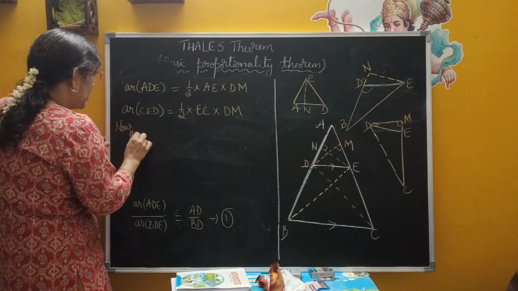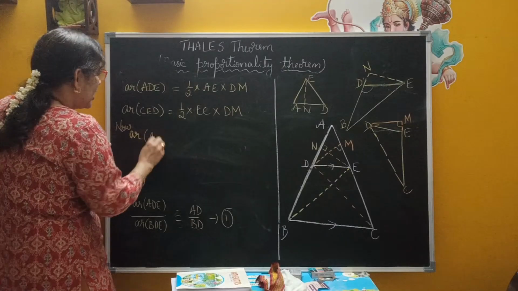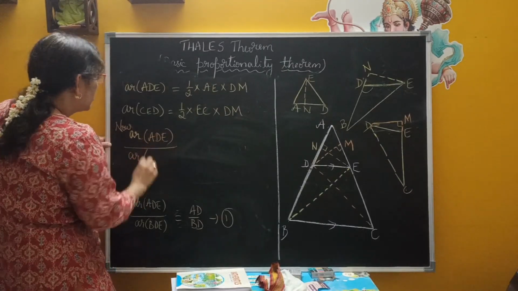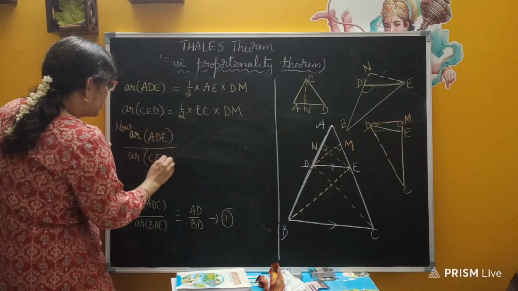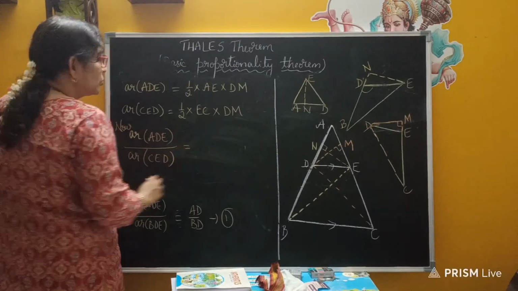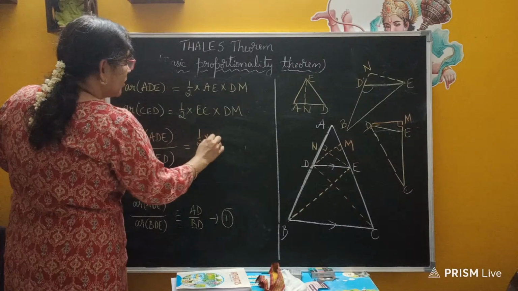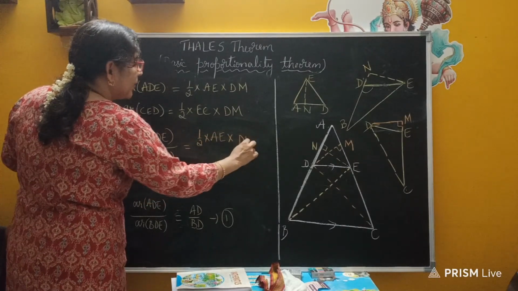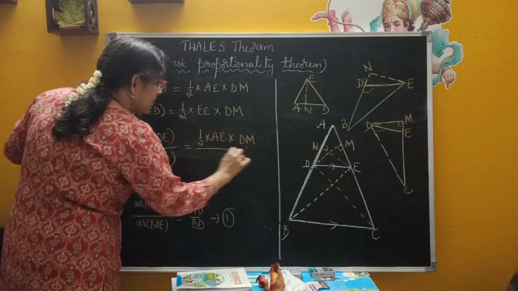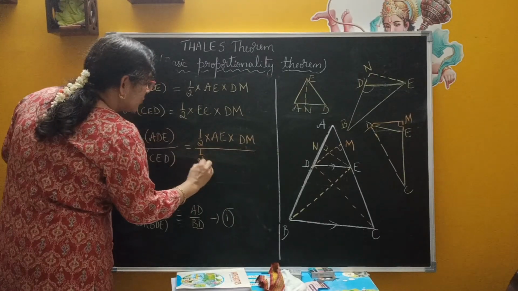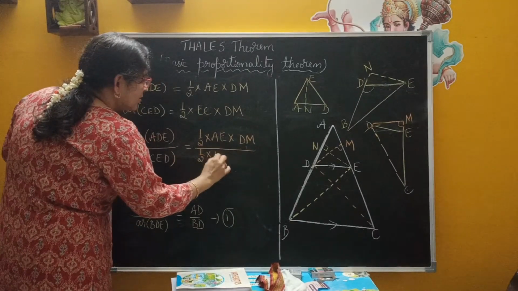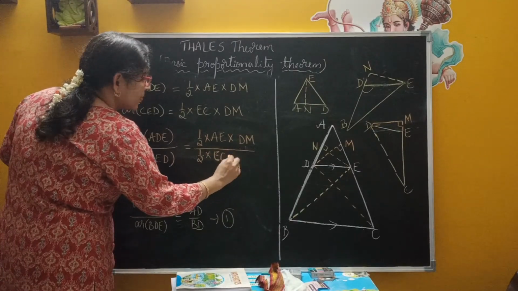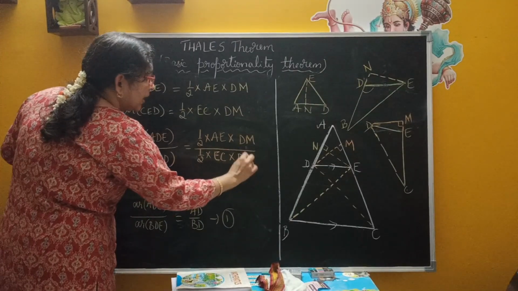That is area of ADE by area of CED is equal to half of AE into DM by half of EC into DM.